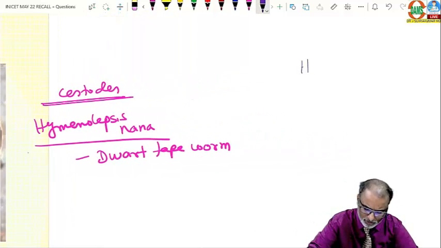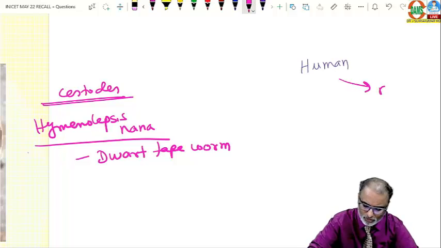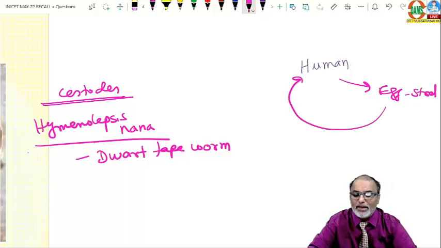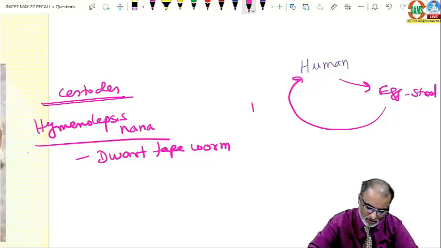Make the life cycle very simple. Human is the definitive host. Humans excrete eggs in the stool, and another person takes in the egg. There is no intermediate host. The drug of choice is praziquantel.